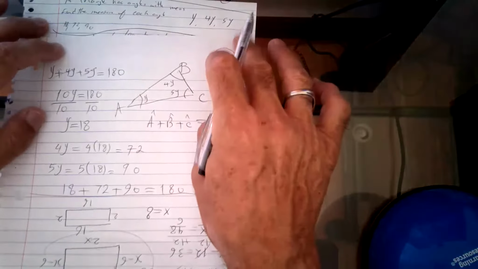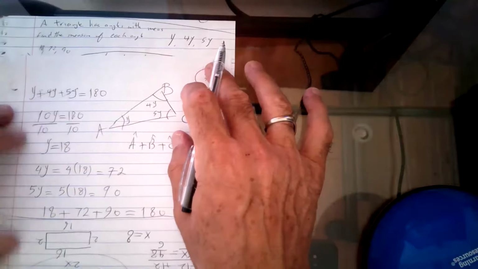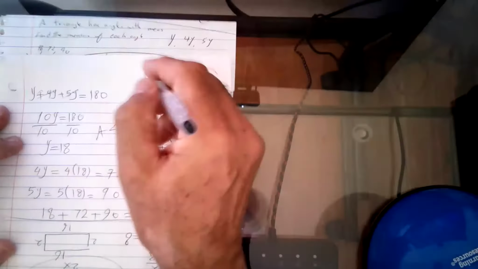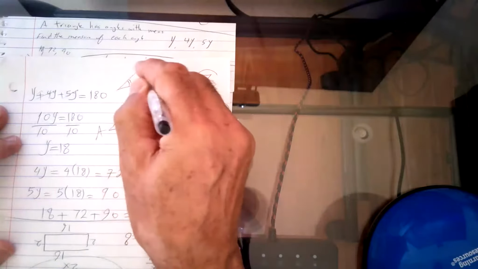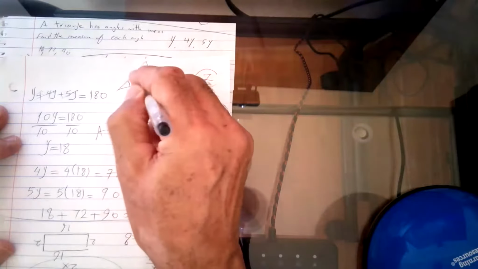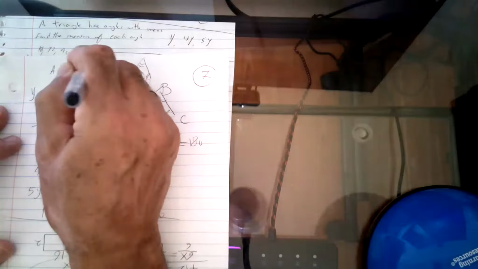Now, before we go over these problems, we understand that any triangle has 3 angles, and the sum of all 3 angles is always 180. This is just a rule that we assume that you should know. In every triangle, the sum of all 3 angles is always 180.